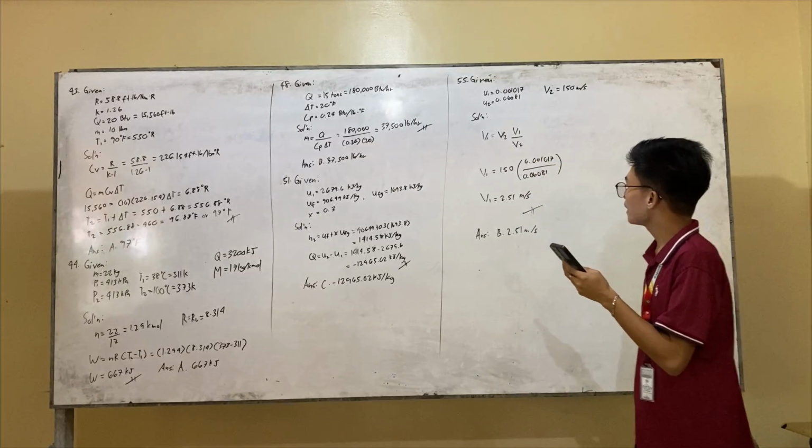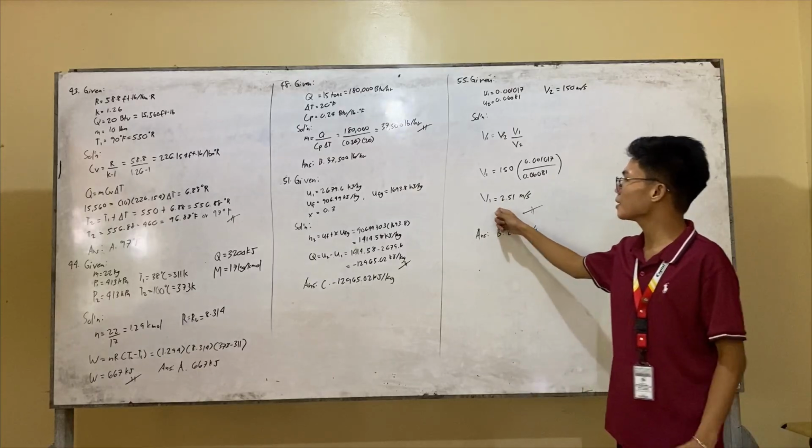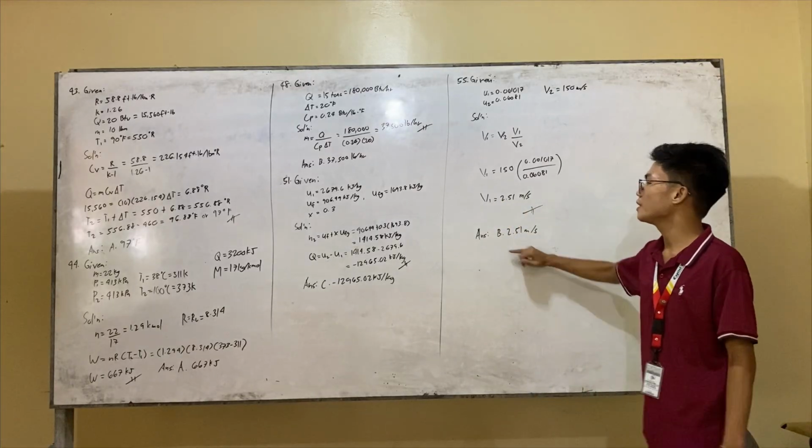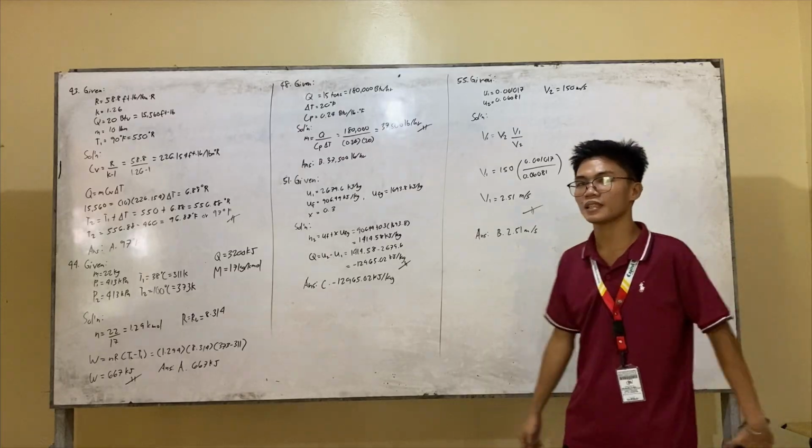By simplifying it, we can get V sub 1, which is 2.51 meter per second, or letter B, 2.51 meter per second, and that will be all.